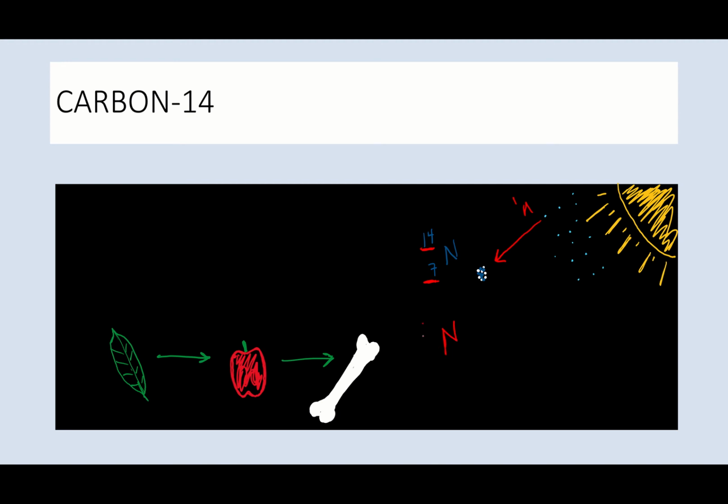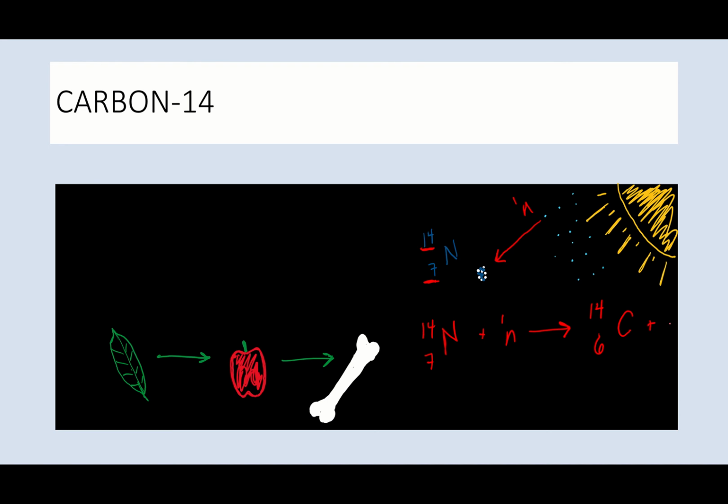When that high energy neutron collides with our nitrogen nucleus, we are left with still 14 because it replaces itself with that proton, but now we only have 6 protons, and so this nucleus is now a nucleus of a carbon atom.